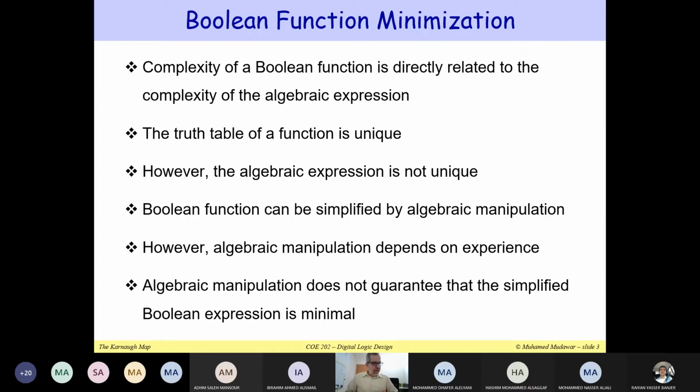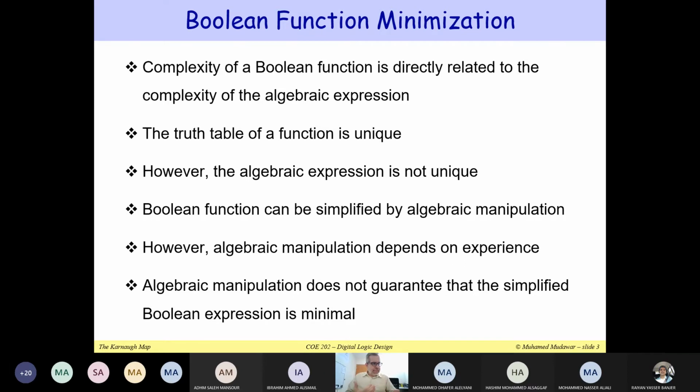So as I said, we can do algebraic manipulation to minimize the expression. But the problem with algebraic manipulation is that it depends on experience. So sometimes, if it is really simple enough, and when you are dealing with 3 variables, 4 variables, you can guarantee, with some experience, that this is a minimal expression.